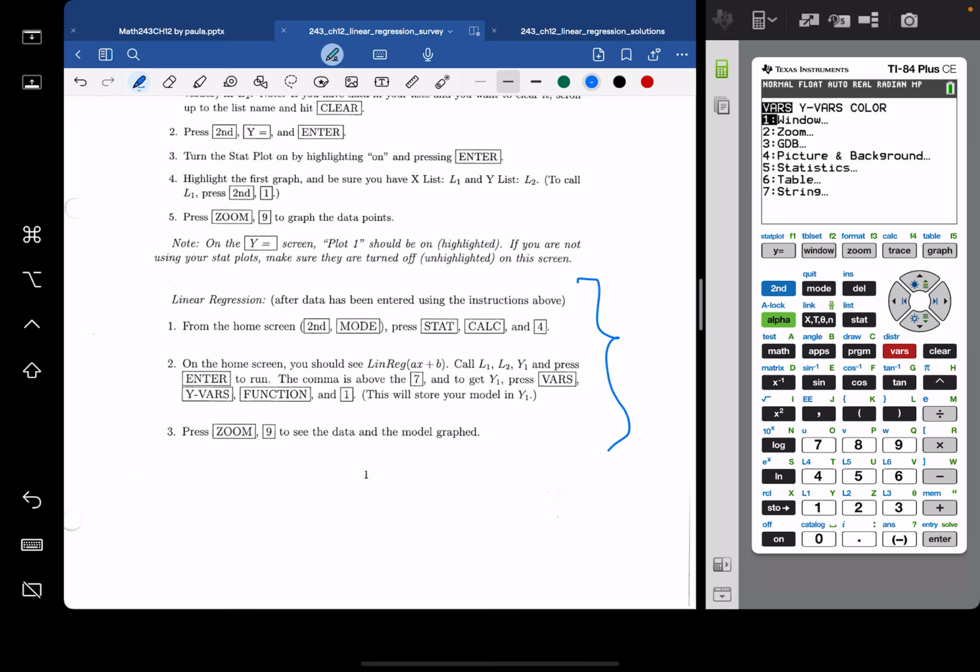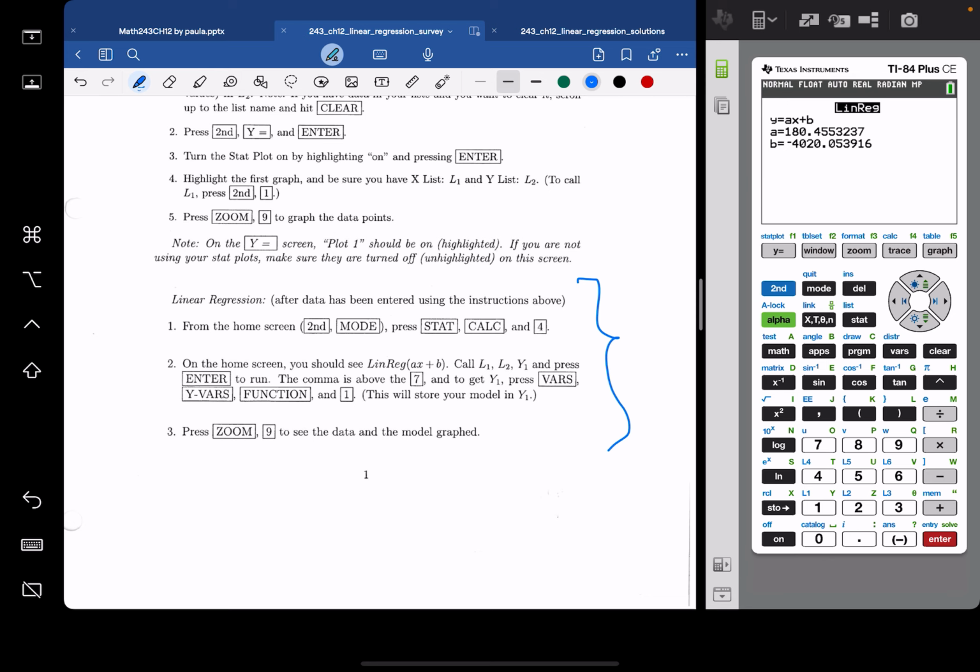So again, vars, Y-vars, enter, enter. And then you can press enter. So it's taking the x's from L1, y's from L2, ignore that part, and then enter.